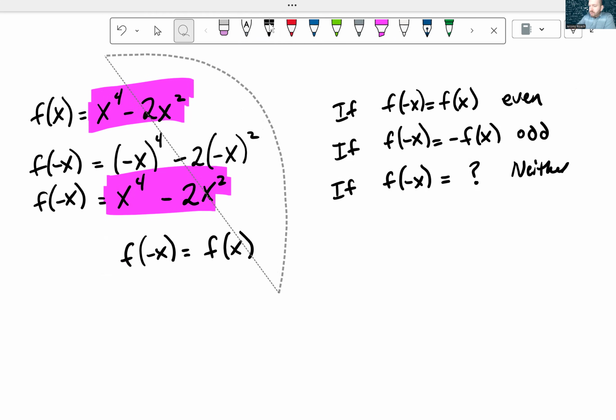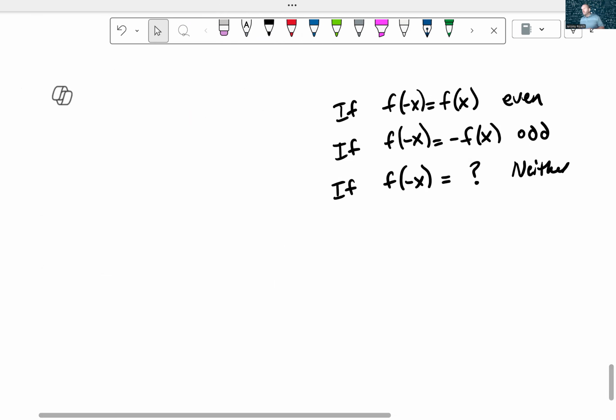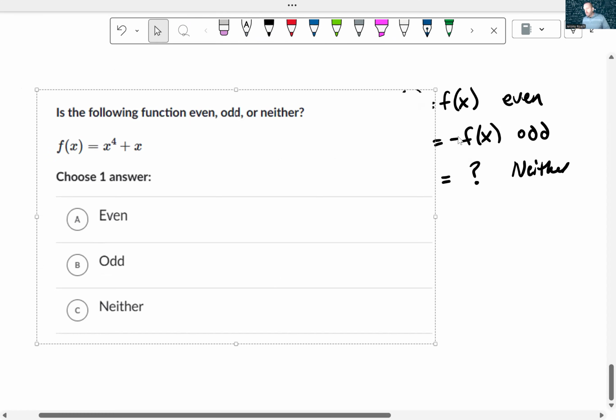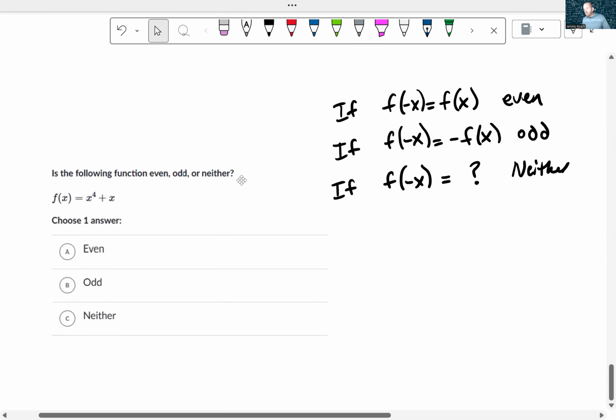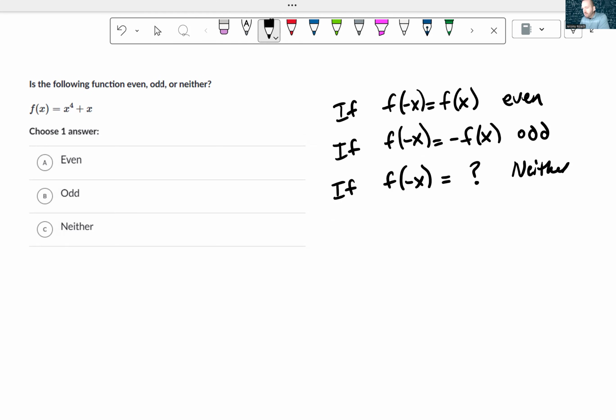Okay, let's see if we can try one more of these here. This next one, and you'll have multiple choice for these, I believe. So here's the next one. These are all the same. I just wrote the last one instead of doing copy paste. So this one says, is this even, odd, or neither? f of x is x to the fourth plus x.